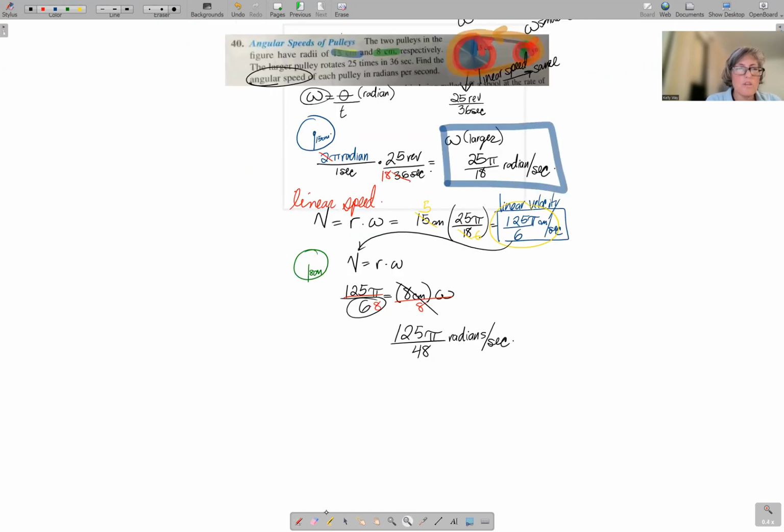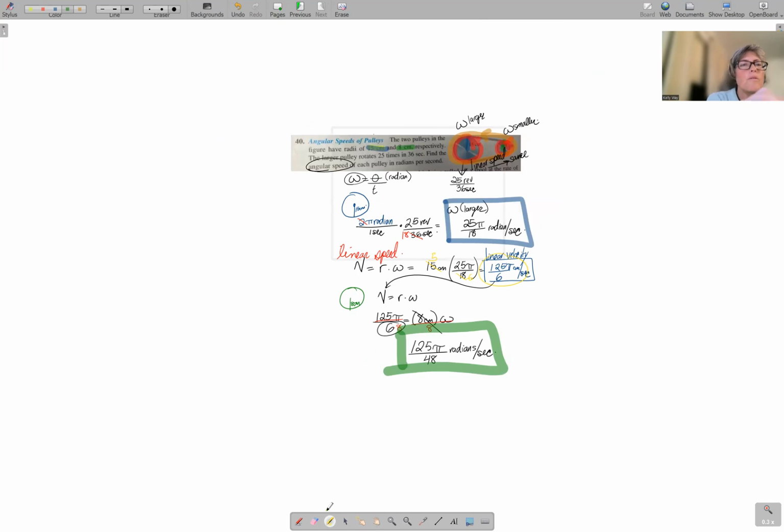Now, sometimes it's nice just to do a little logic check, and you can see that the angular speed 25 pi over 18 is going to be slower than this speed, of course, because the smaller pulley is going to turn faster. But the linear speed is going to be the same for both.